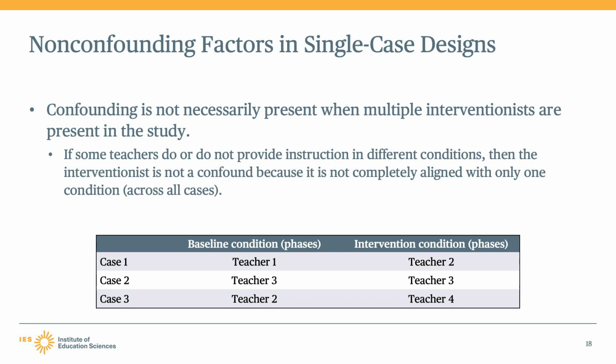And in a final example where some teachers do or do not provide instruction in different conditions, interventionist would not be a confound because no single interventionist is completely aligned with all cases in one condition and absent in another condition.